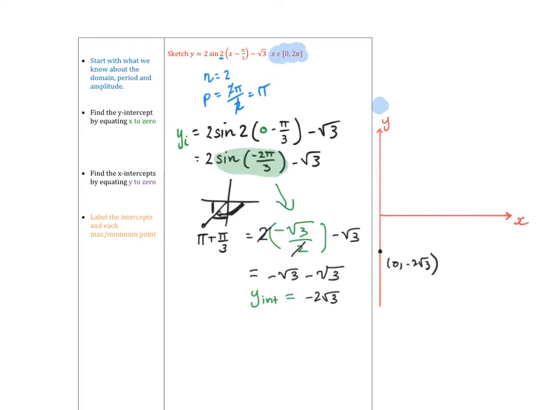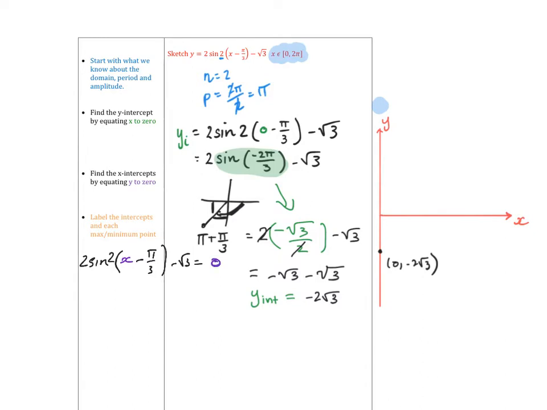Now, in order to find the x-intercepts, we're just going to let y equal 0. This can be quite a significantly more complicated problem. So we started with 2 sine, in fact, that's 2 times this, my apologies, of 2 times x minus pi on 3, minus root 3, now equals 0.